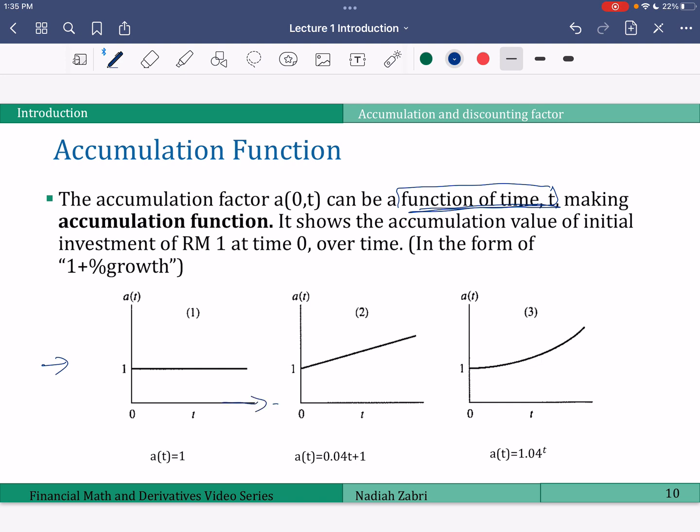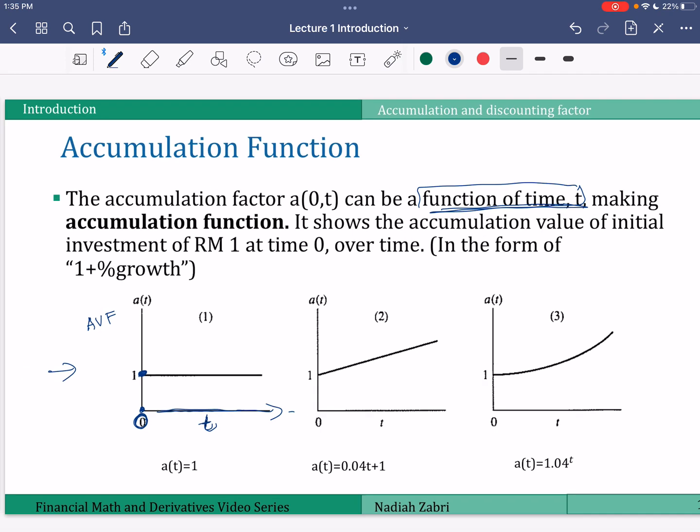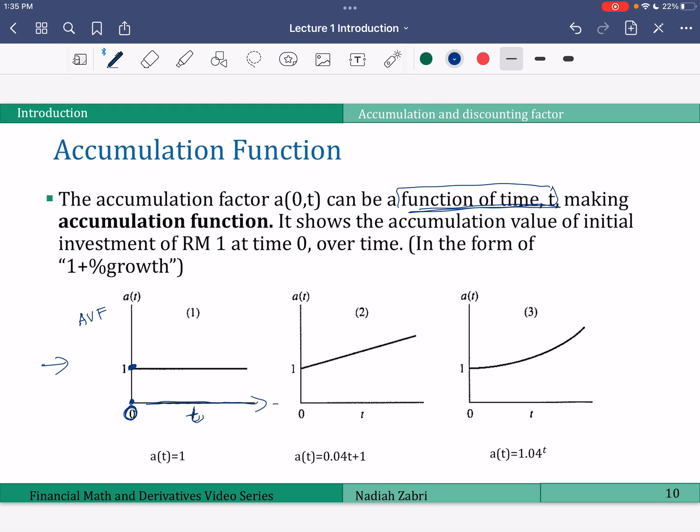The x-axis is time from the first investment, so our first investment happened at time 0, and the y-axis is our accumulation value factor. If you see here, it starts at 1. At time 0, our accumulation value factor is 1, and then it keeps on progressing.